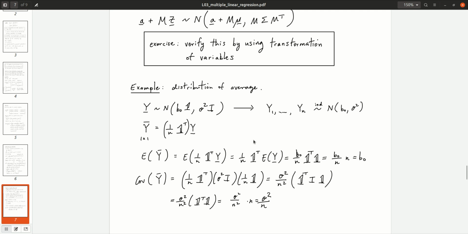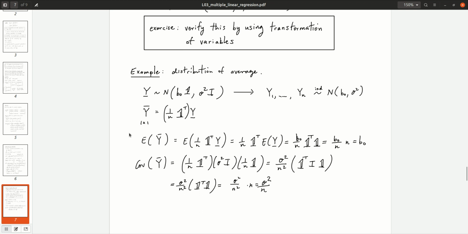If we pull the b0 out, since it's a scalar, we get b0 over n times 1 transpose 1. And we know that 1 transpose 1 is the dot product of 1 with itself, so you're just adding up 1 times 1 n times. So you get n, and you get b0 over n times n, which is b0. Okay, so we figured out that the expected value of this scalar is b0.